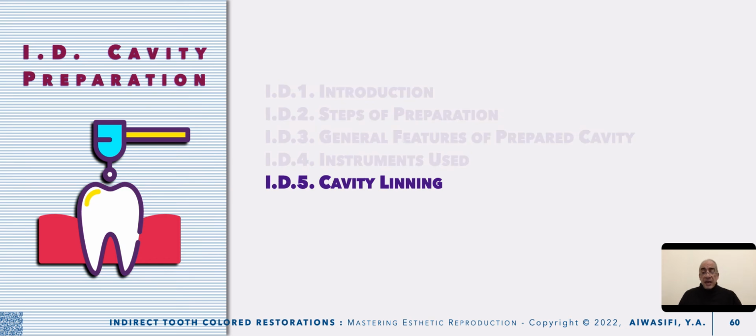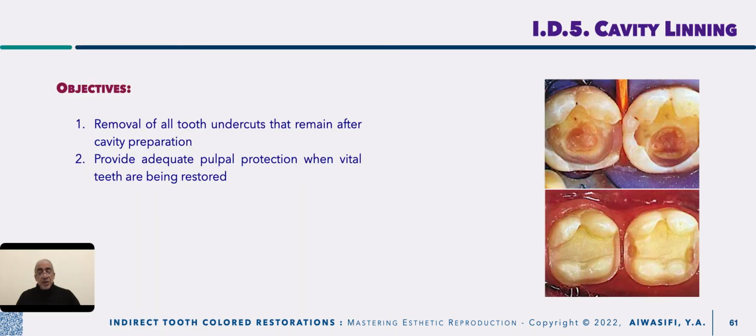Then comes the cavity lining. When you mention this terminology, you always think about pulp protection. In such a case, you do not need it for adequate pulp protection only, but it is actually required, and its main objective is to remove any tooth undercuts that remain after cavity preparation, like this case.